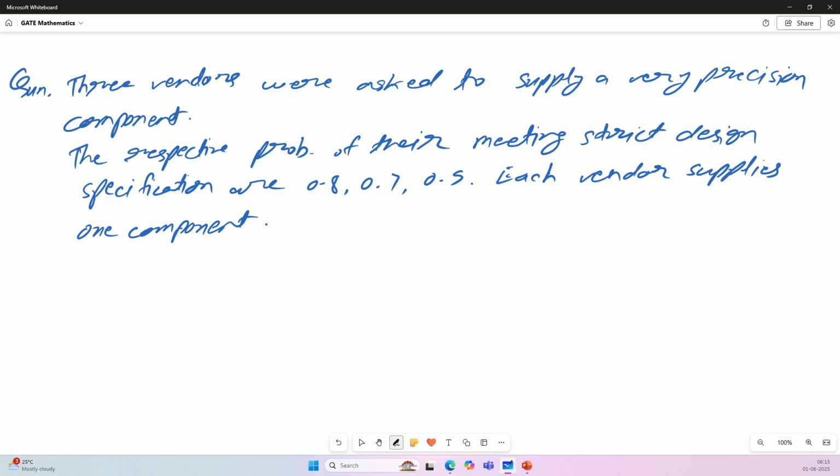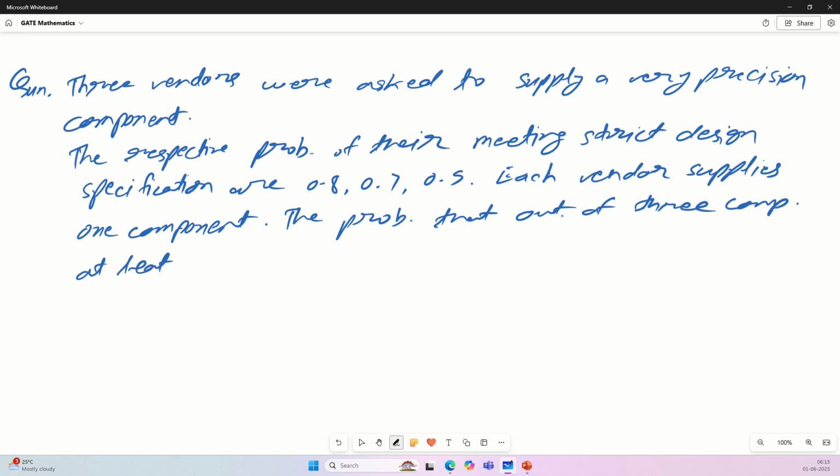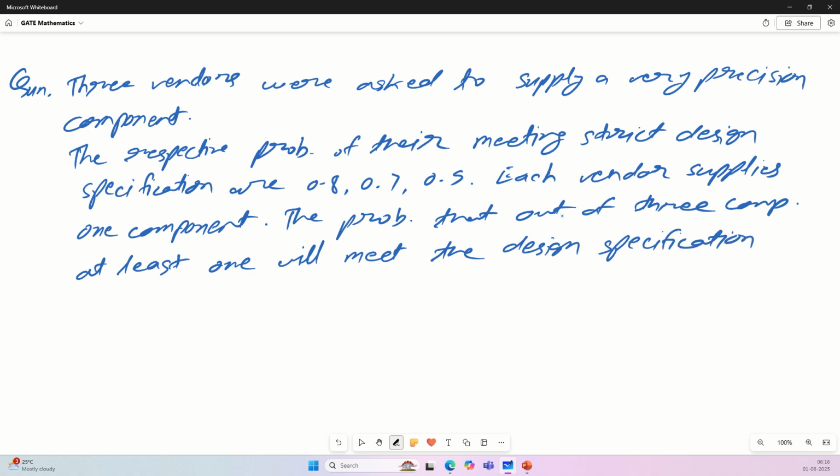The probability that out of 3 components, at least one will meet the design specification is what?